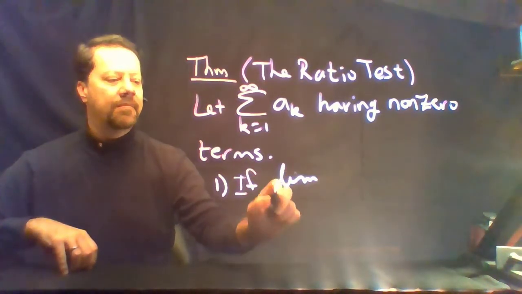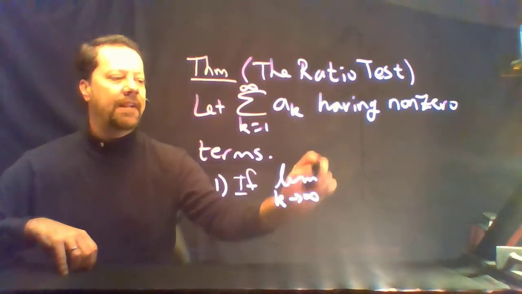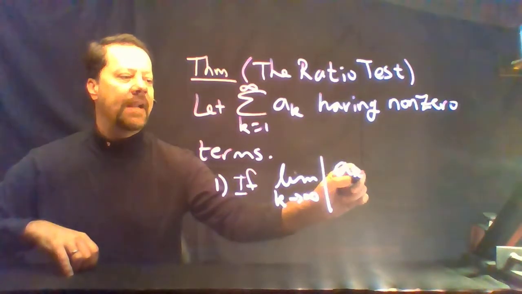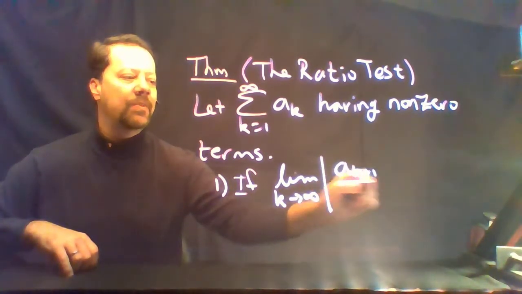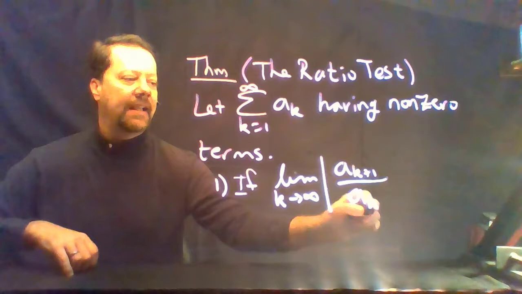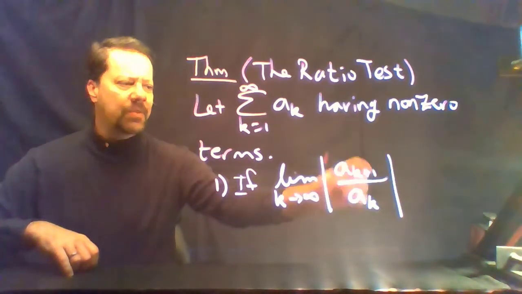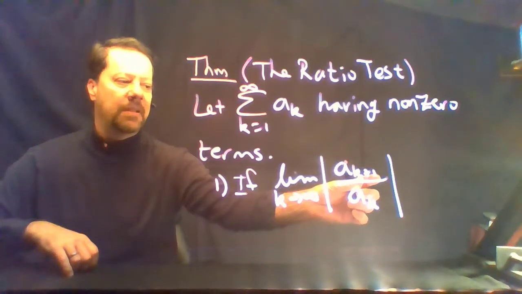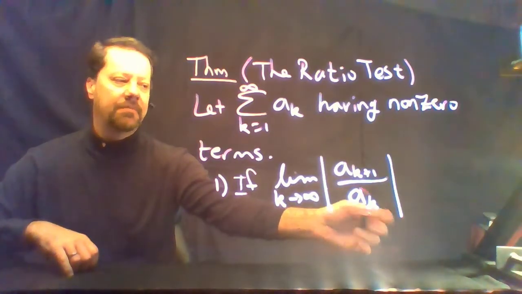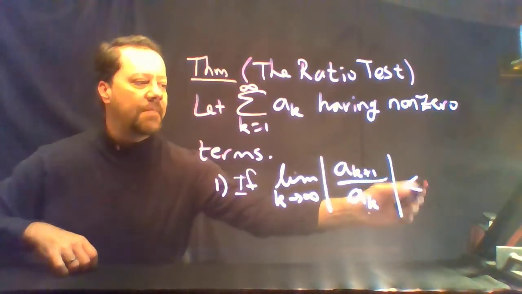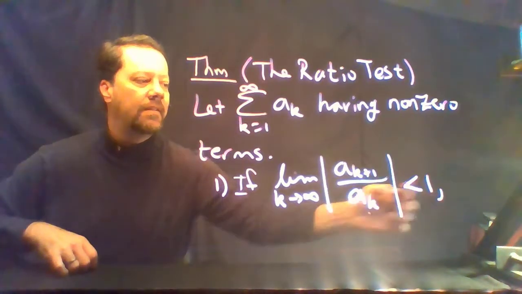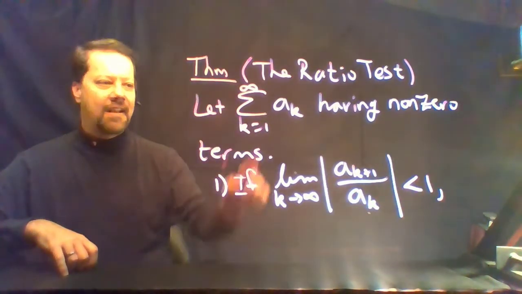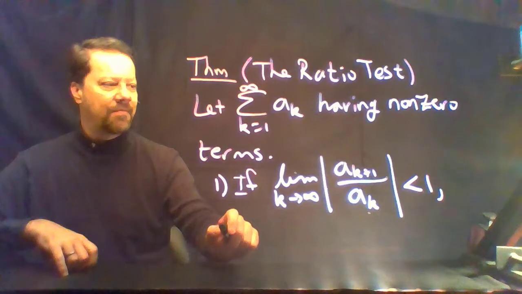If the limit as k goes to infinity of the ratio a_{k+1} divided by a_k, the k plus 1 is in the subscript, this is the k plus first term, this is the kth term, is some number less than 1, then the series converges.